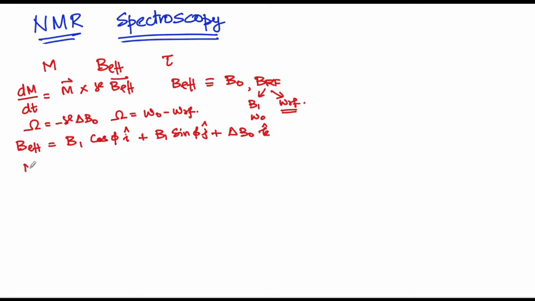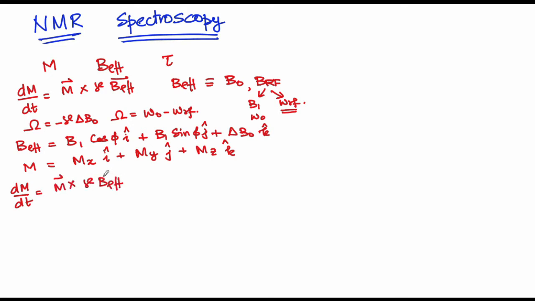If we write our magnetization also in the form of a vector, mx I cap, my j cap plus mz k cap, then we would be able to get dM over dt, which is given by the cross product of M cross B effective.